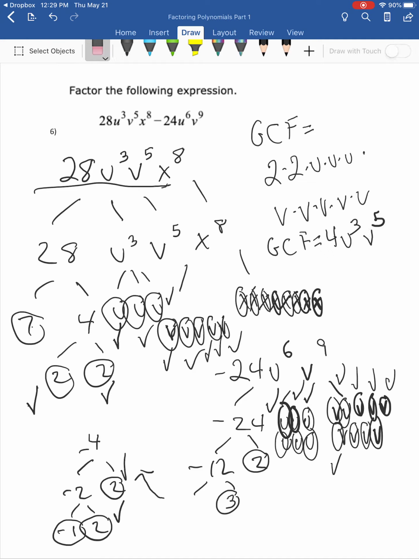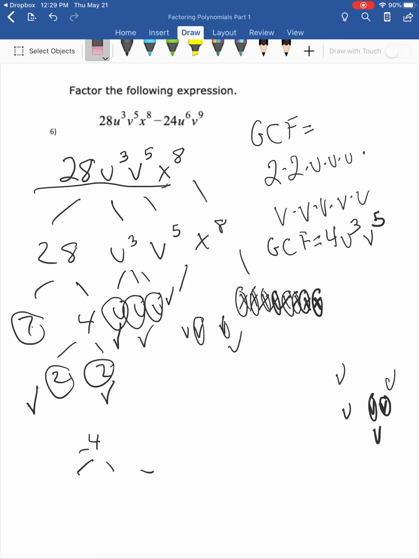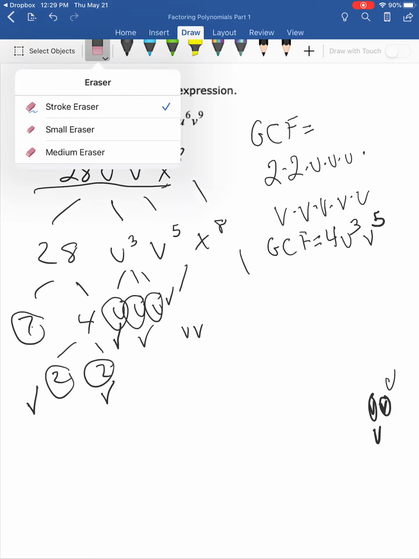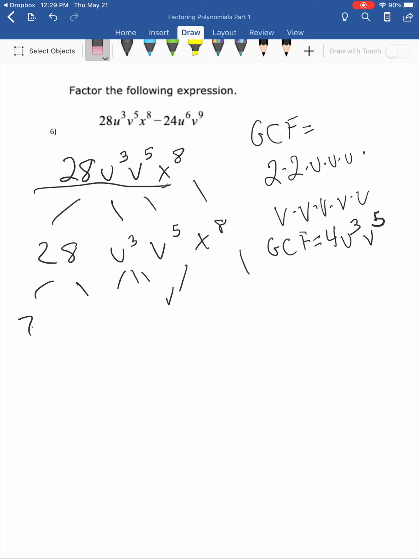Okay, let's erase this mess of a factor tree. And again, you don't need to use factor trees if you can see the GCF without writing them out. When I do this, I know that the greatest number that 28 and 24 have in common is 4.